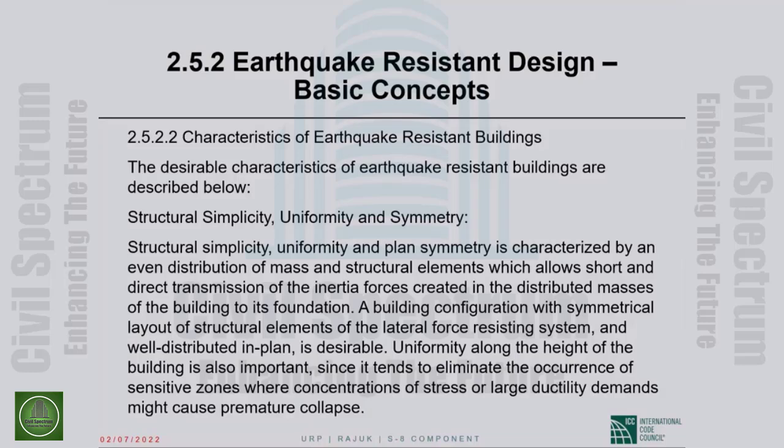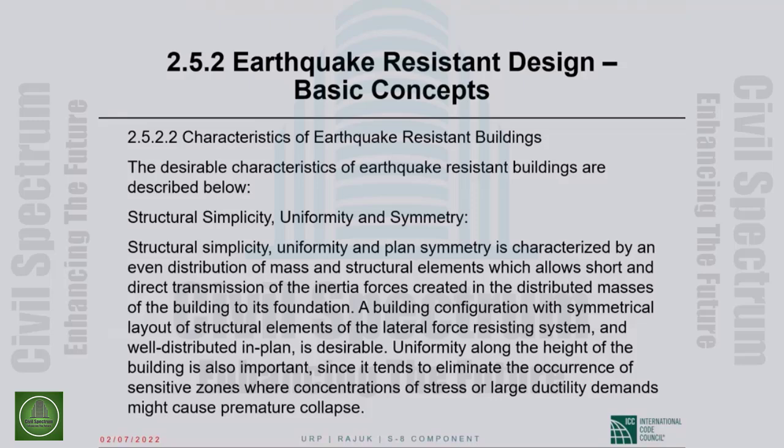Structural simplicity, uniformity, and symmetry. All three are important. Simplicity, uniformity, symmetry. Structural simplicity, uniformity, and planned symmetry is characterized by an even distribution of mass and structural elements, which allows short and direct transmission of the inertia forces created in the distributed masses of the building to its foundation.